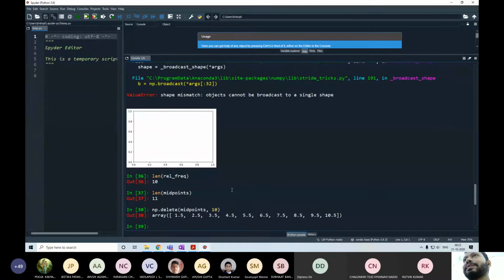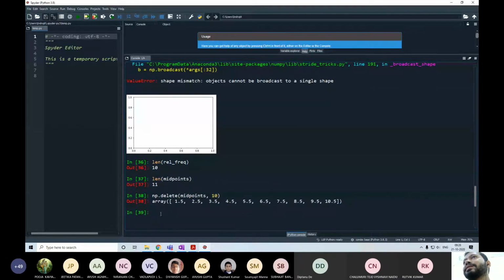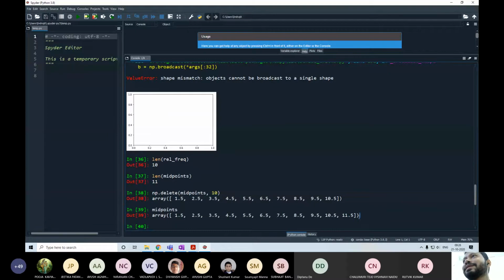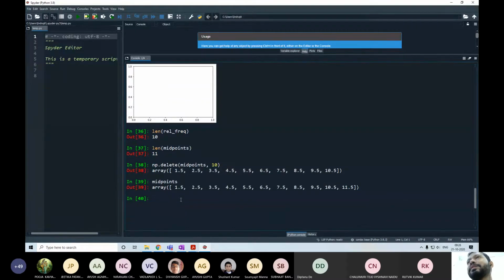It works. So np.delete on midpoints gives you a new array where the last entry, which is the 10th index entry, actually that is the 11th entry, but the index is 10, is deleted. Actually, we need to store it because if I call midpoints again, you are still going to get this entry. So we need to store it back to midpoints. So let's store that.